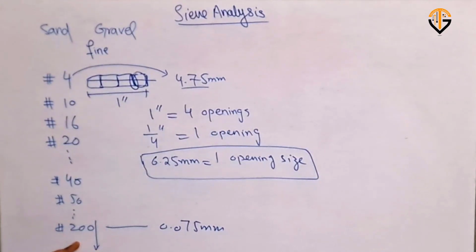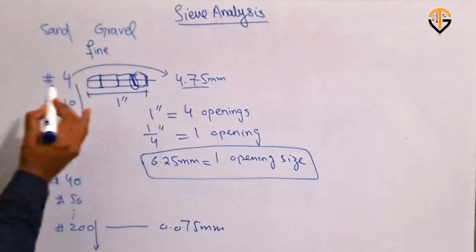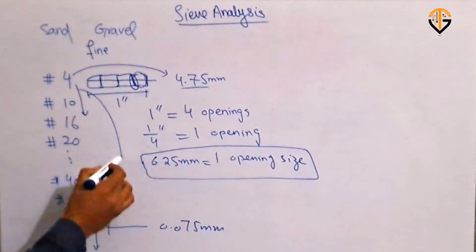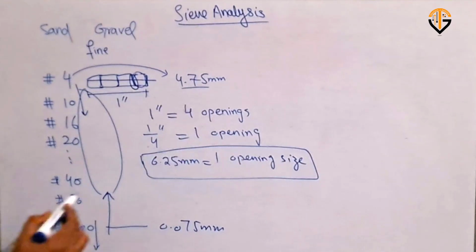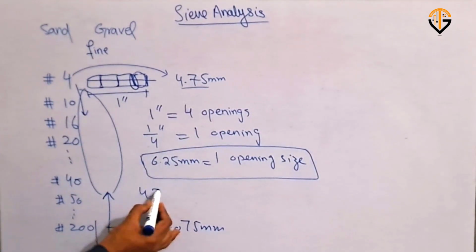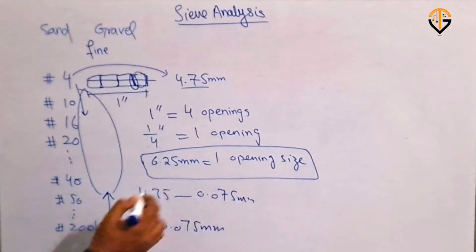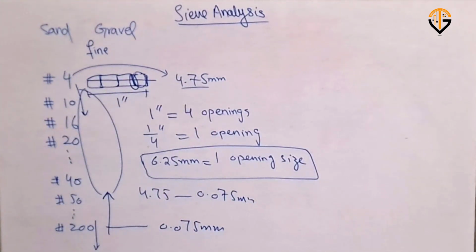And the particles which pass sieve number 4 and are retained on sieve number 200 are known as sand particles, as we defined the range of sand particles as 4.75 to 0.075 mm. So here we came to know the new definition of gravels, sand and fine content.